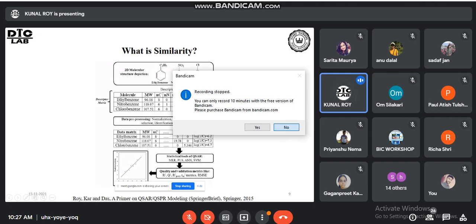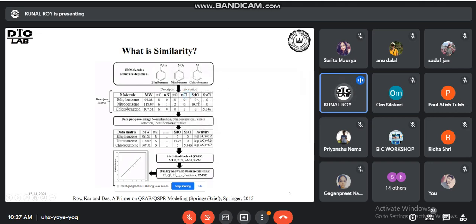variable, because activity depends on these descriptor values, but descriptor values depend on the structure only, nothing else.